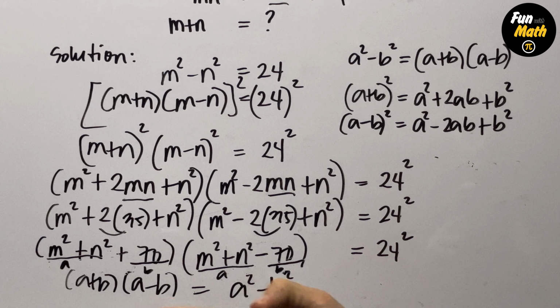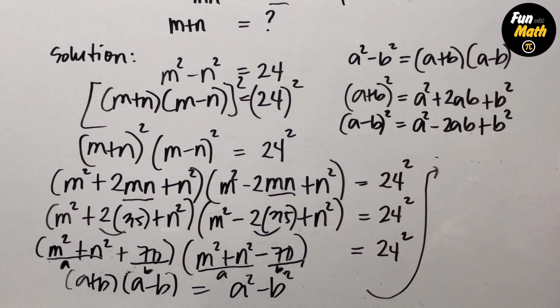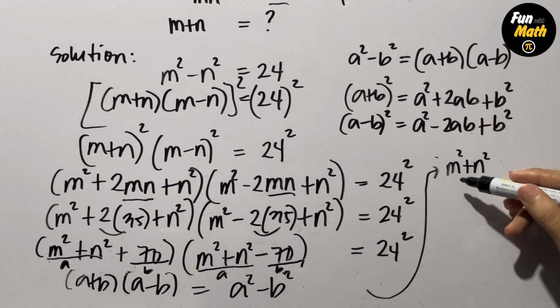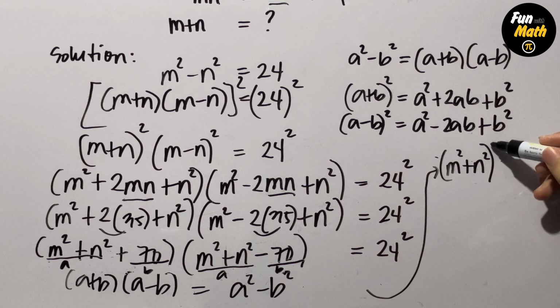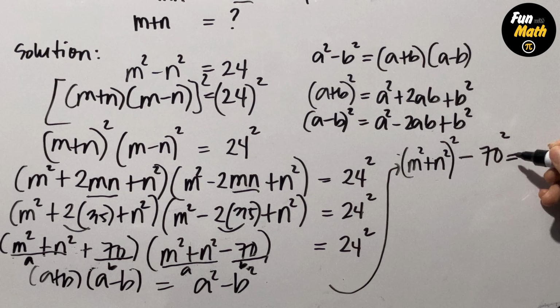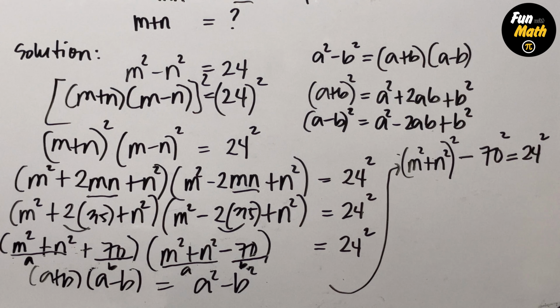So to write that one, this is now m squared plus n squared whole to the power of 2 minus our b, which is 70 squared, equals 24 squared. Now, we can take minus 70 squared through the other side.